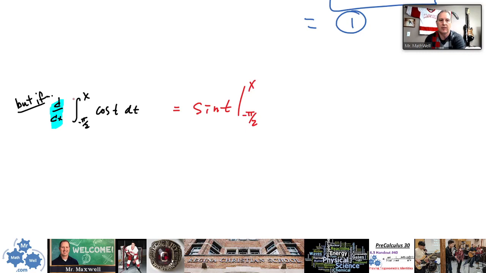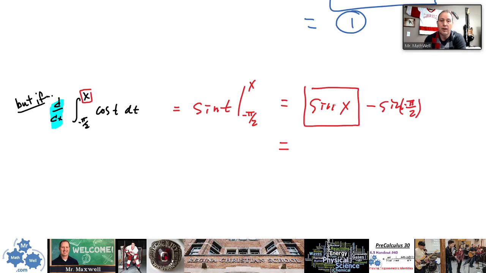If I have an x here, how is that going to change things? That's going to be sine of x minus sine of negative pi over 2.